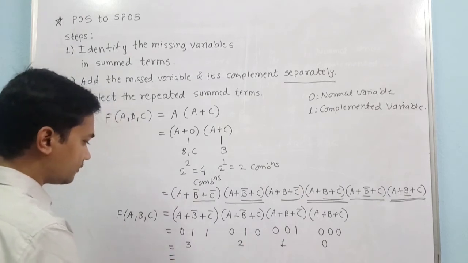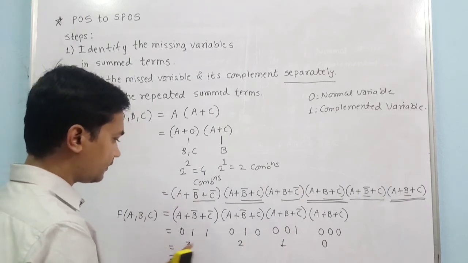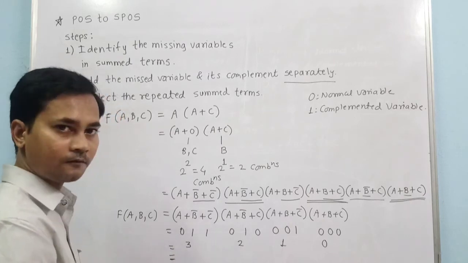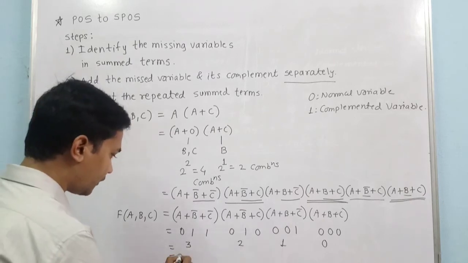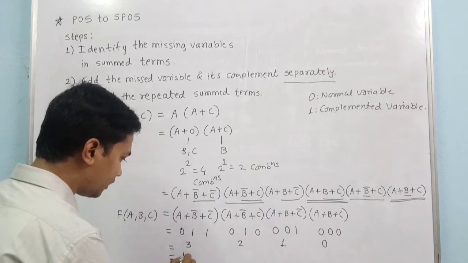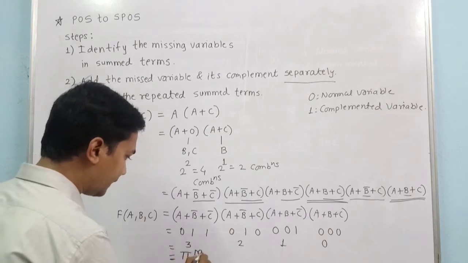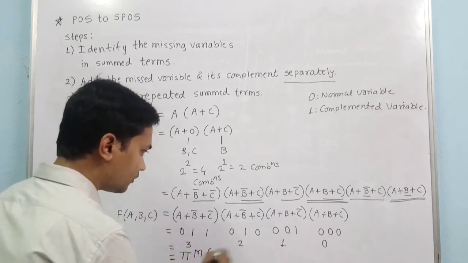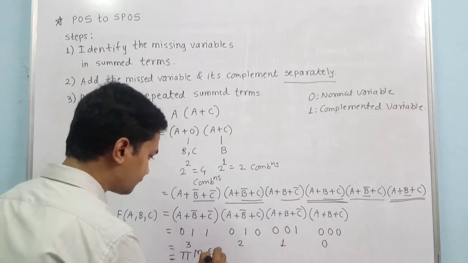After that we have to write this SPOS equation in terms of decimal values. For writing in decimal values we use the symbol pi and capital M. So 0, 1, 2, 3.